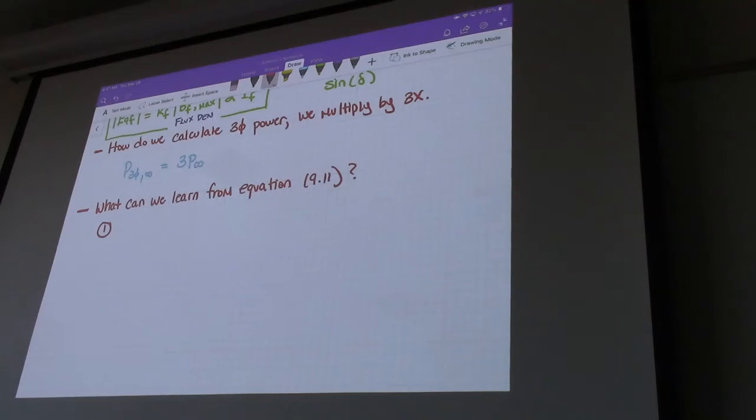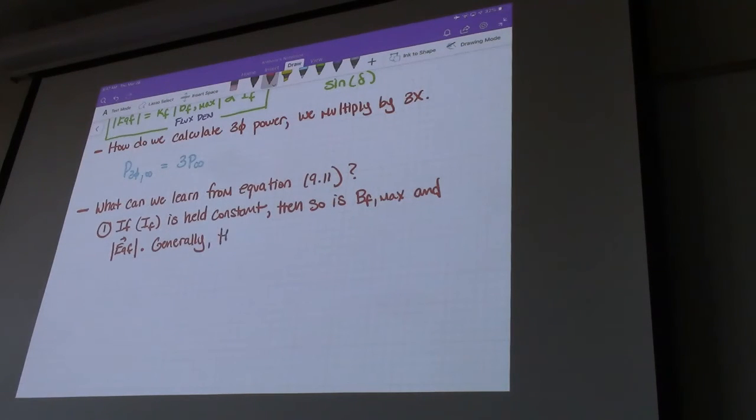One is that IF is held constant, then so is the BF, the maximum flux density, and then so is the magnitude of EAF. Generally, this is the case.